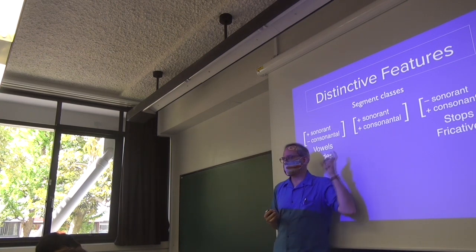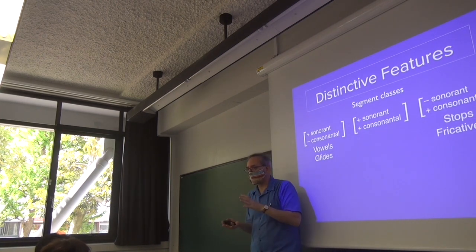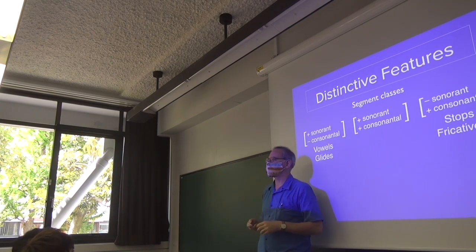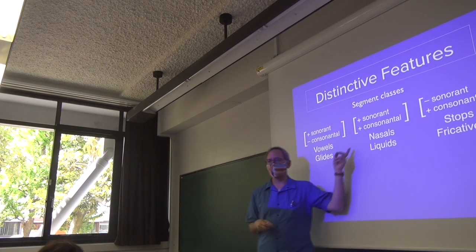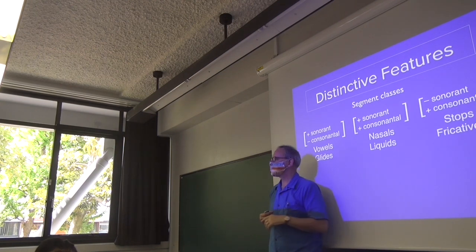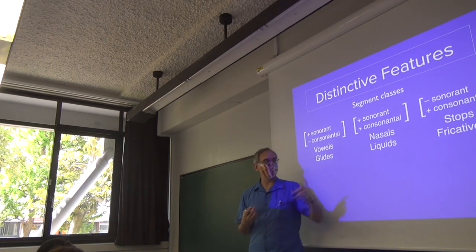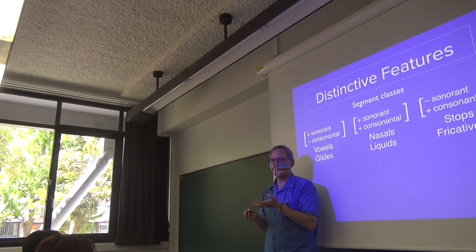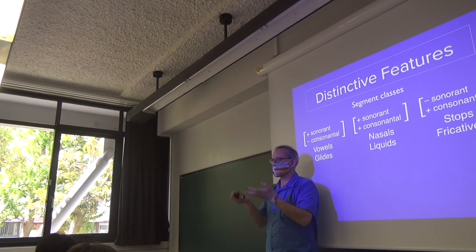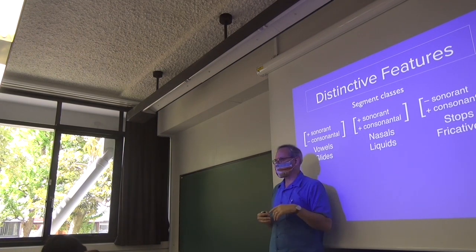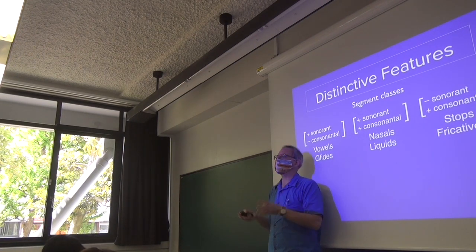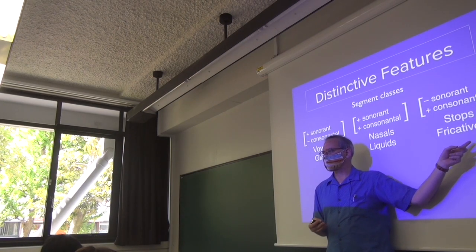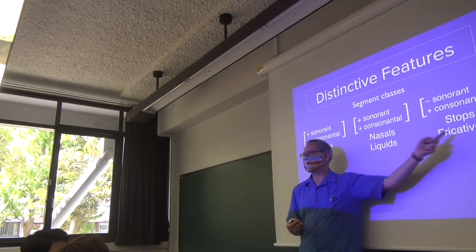Which then leaves in the middle segments that are both plus consonantal and plus sonorant. And those would be segments that include the nasals and the liquids. In the case of the nasals, airflow through the mouth is completely stopped, and the voice travels through the nose. Liquids, the air flows through the mouth. Similarly, stops and fricatives are different from each other in the same way.